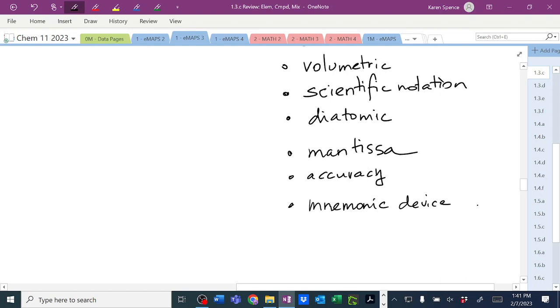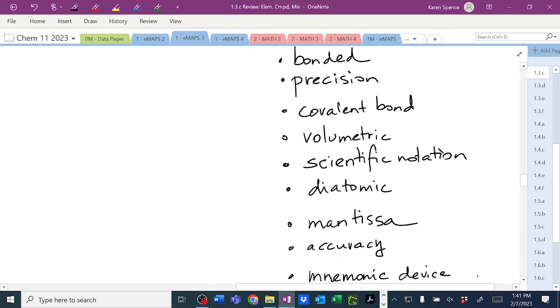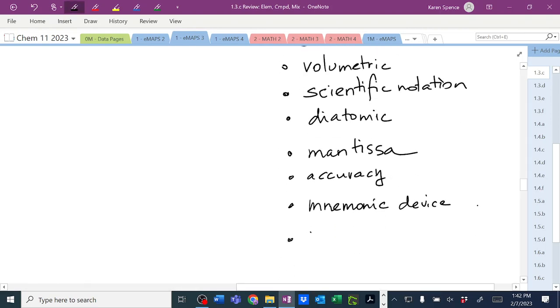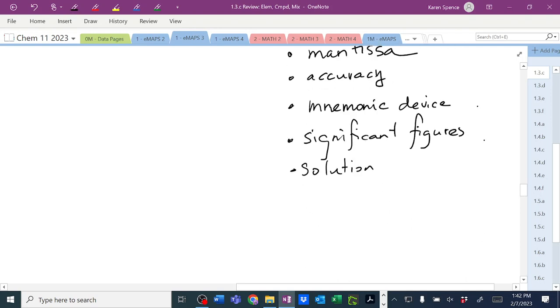Yes. Pardon me? Overbar. Oh, I think we had overbar. Yeah, we did. But it was hidden way up there. Yes. Sig figs. Yes. Solution. Yes. Density.